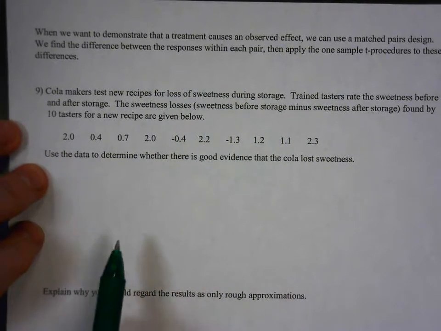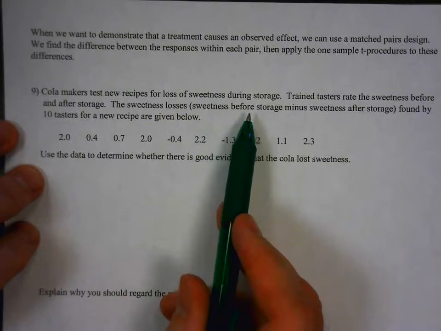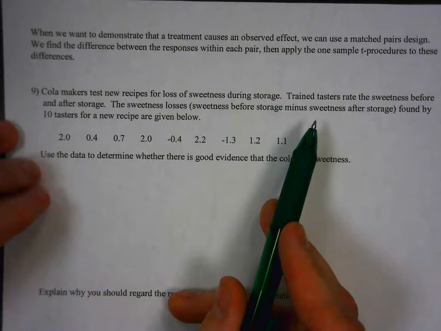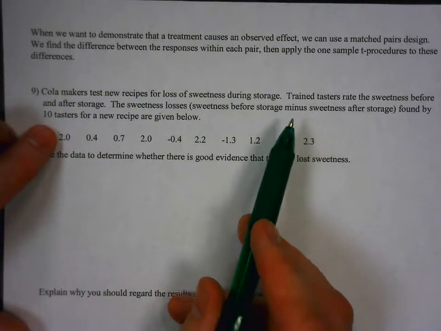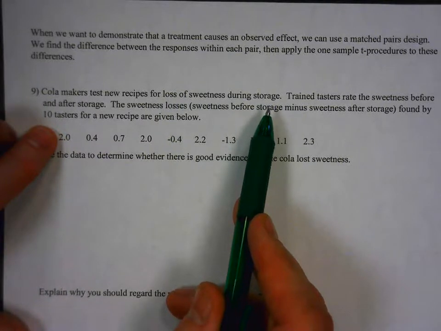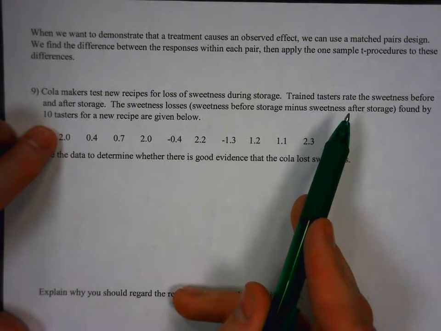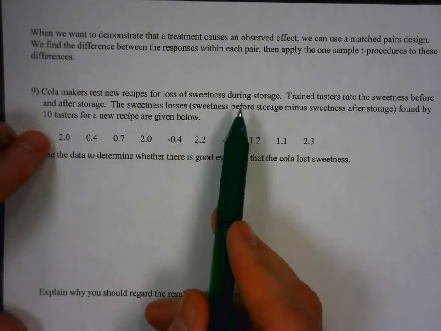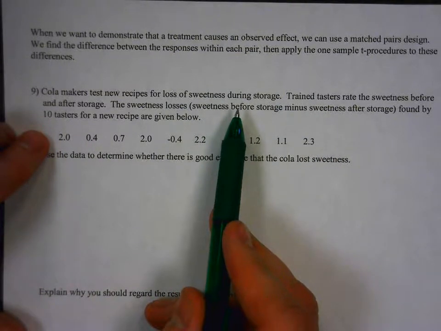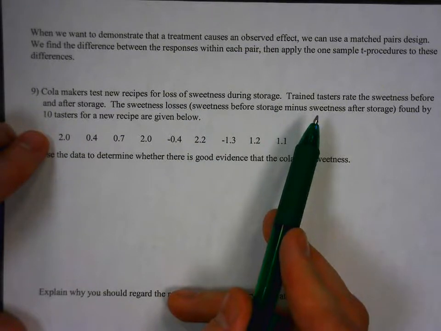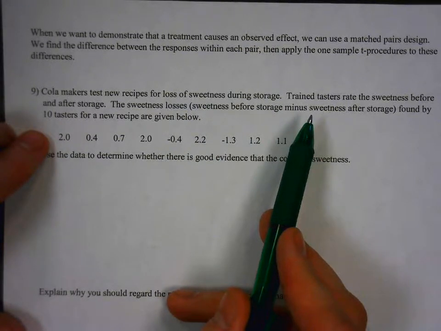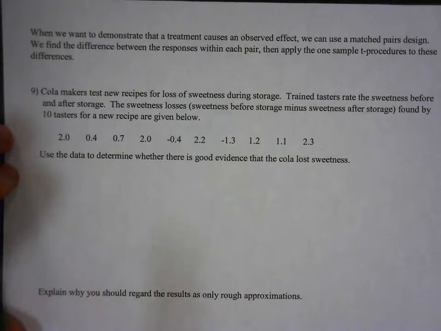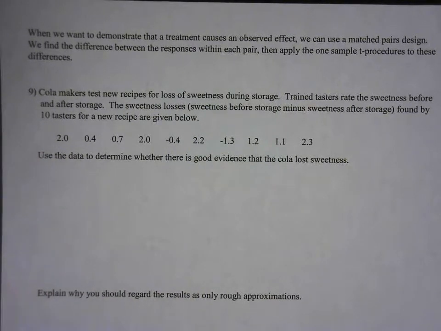Whatever scale they're using, a positive value will tell you that the sweetness before was higher than the sweetness after storage. So a positive value tells you that you started at a higher value than after, which means the cola lost sweetness.